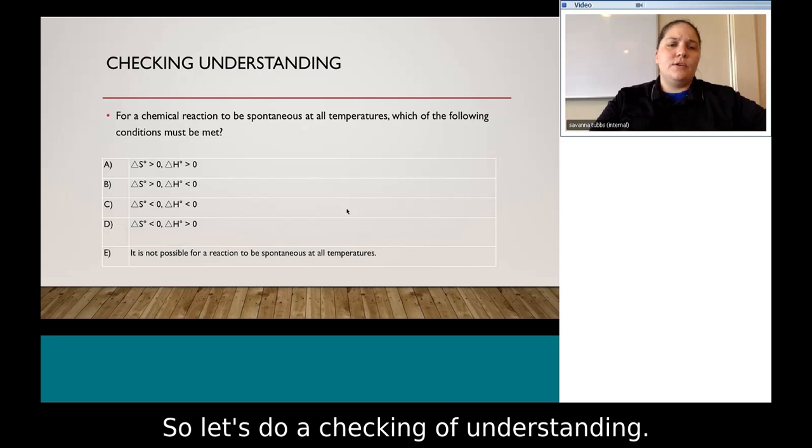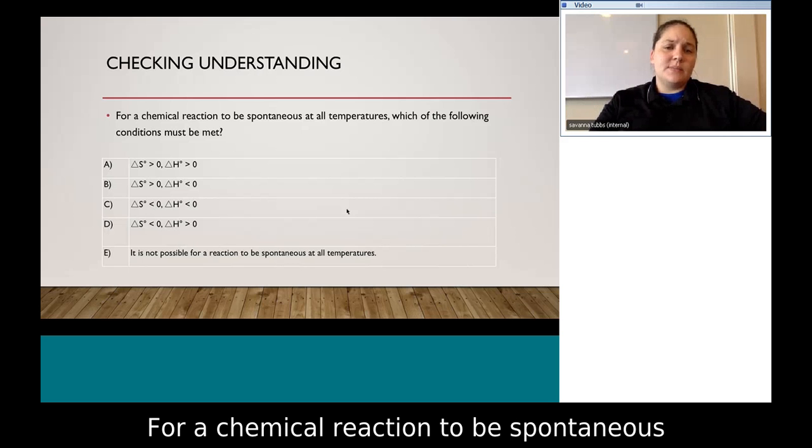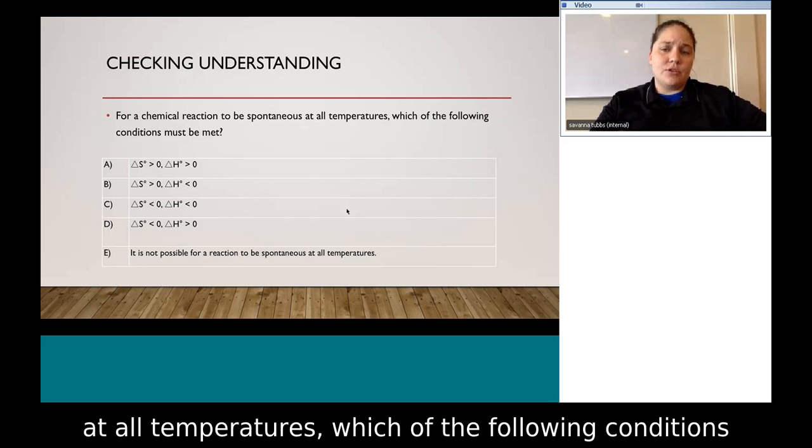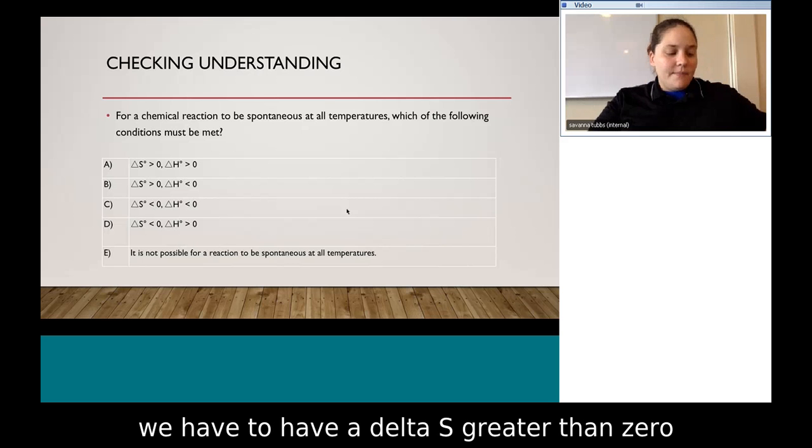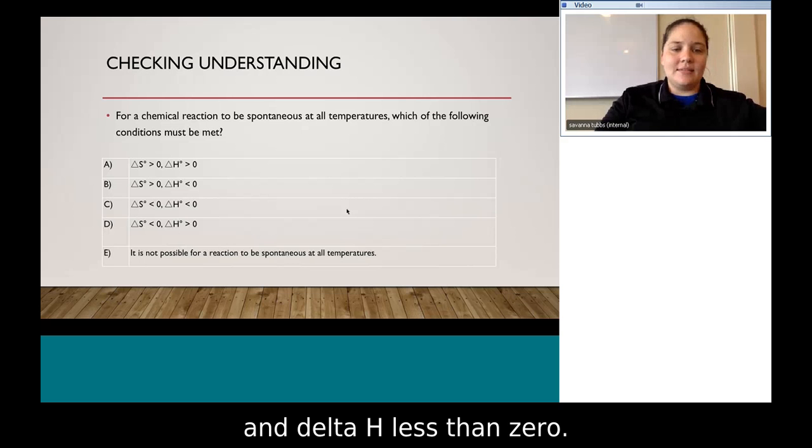So let's do a checking of understanding. For a chemical reaction to be spontaneous at all temperatures, which of the following conditions must be met? So, for it to be spontaneous at all temperatures, we have to have a delta S greater than 0 and delta H less than 0.